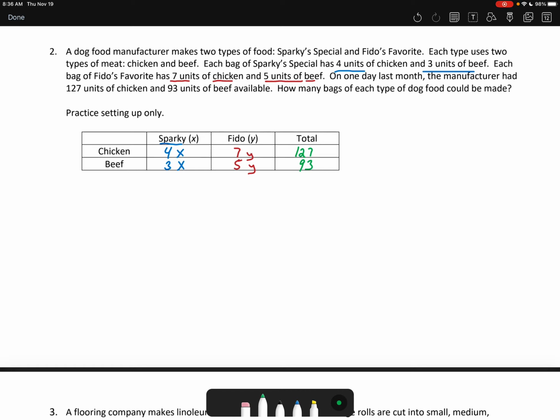And by formatting it that way, I've now created my equations. I can just grab the information out of that chart. So my equations are going to be 4x plus 7y equals 127. That's how much chicken is needed to do this. And 3x plus 5y equals 93 would be the beef.